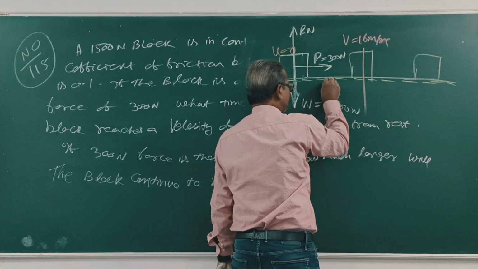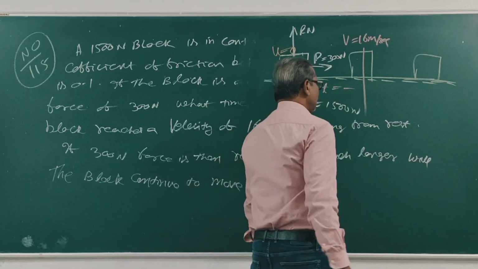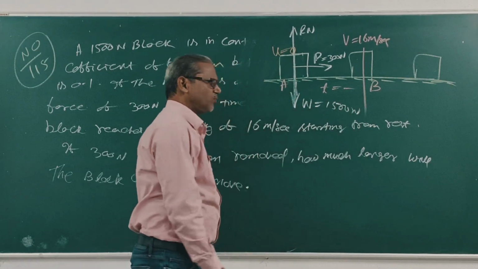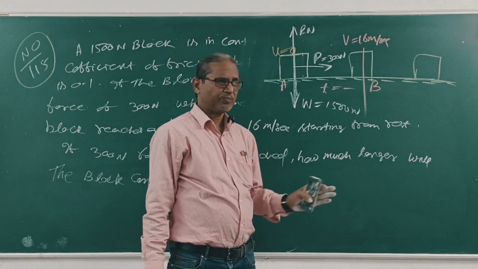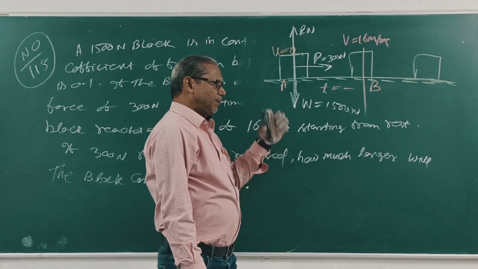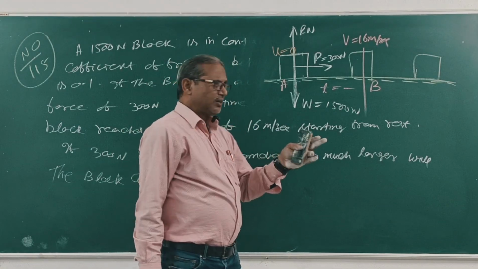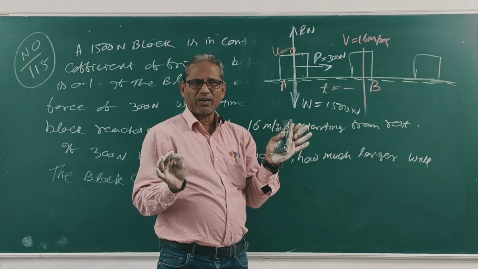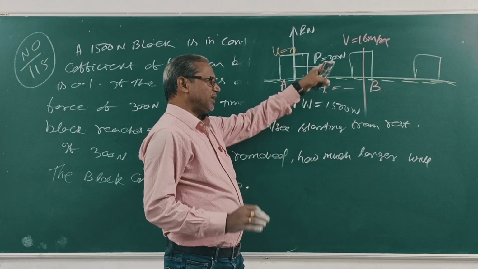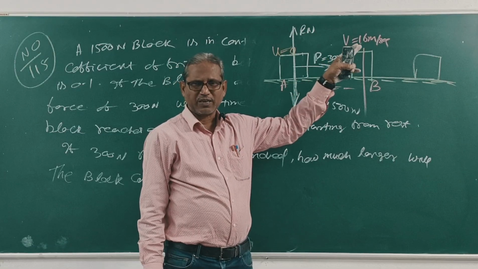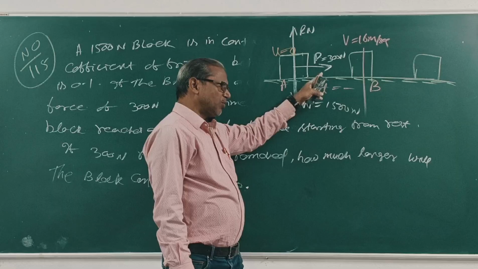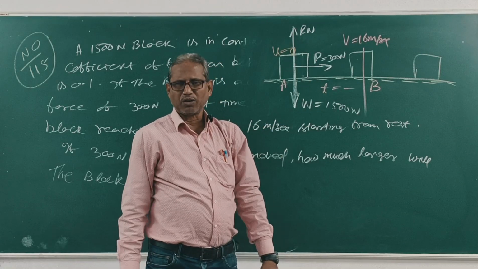So what is the time taken t for the block to move from A to B? Then after reaching point B, the 300 Newton force is removed, and at point B its velocity is 60 meters per second. So when this 300 Newton force is removed, the block comes to stop.